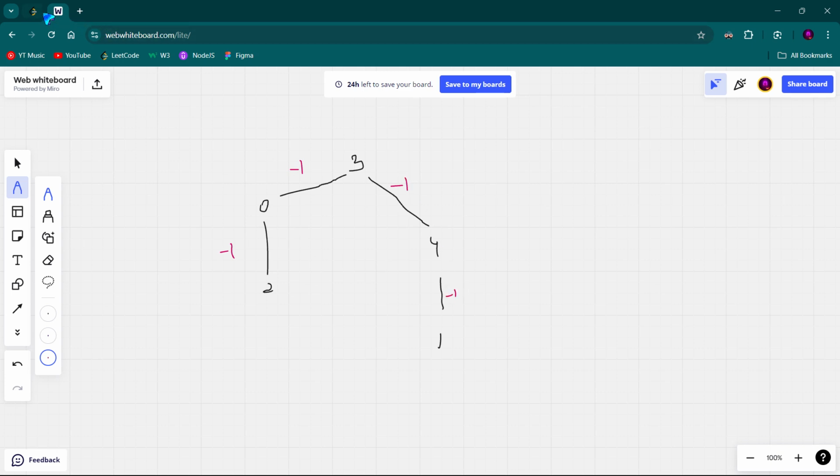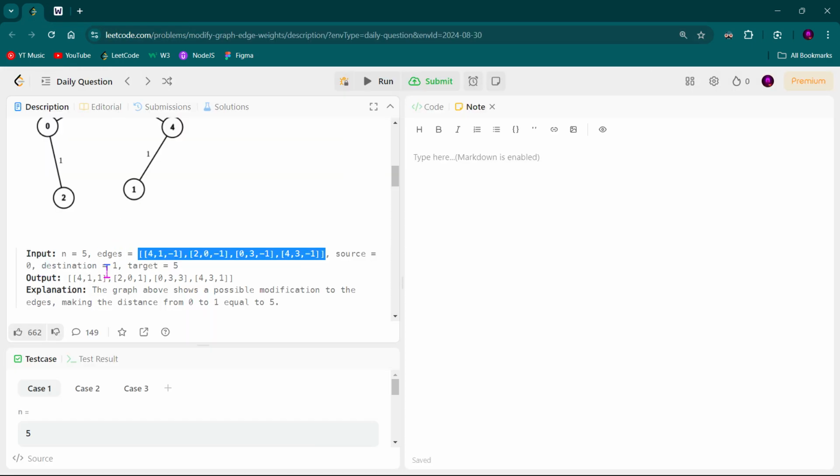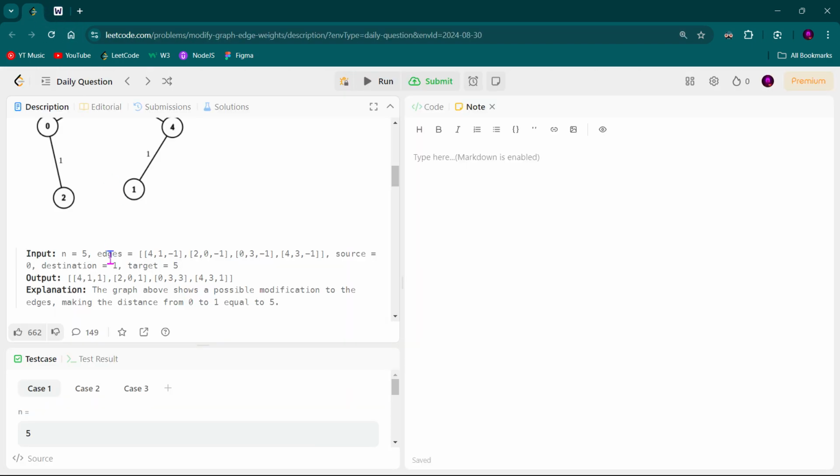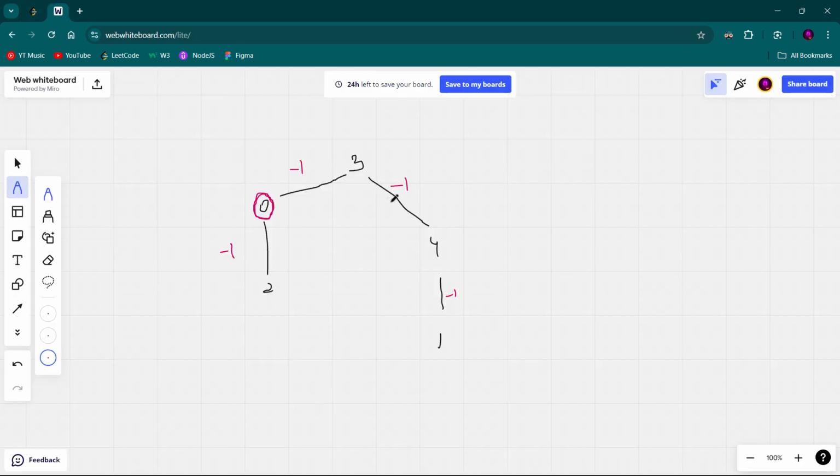Now my source is 0. My starting point is 0. And my destination, my ending point, is 1.